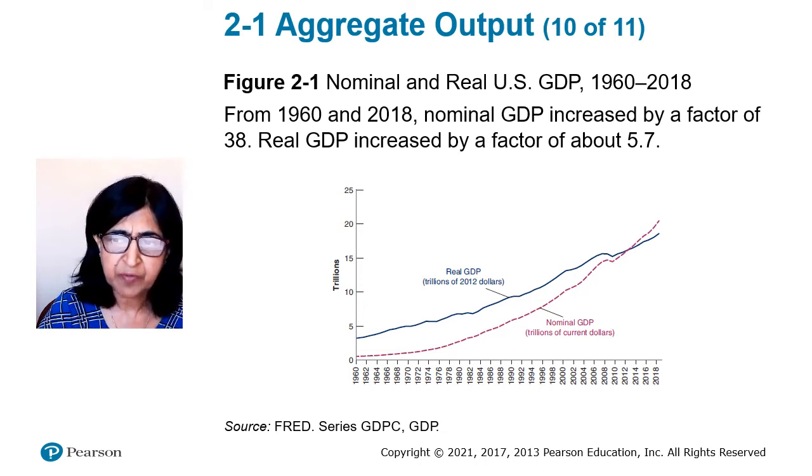For years before 2012, the real GDP curve lies above the nominal GDP curve, since the 2012 prices being used to find real GDP values for those years are higher. Nominal GDP is higher than real GDP for years after 2012 as prices continue to rise.